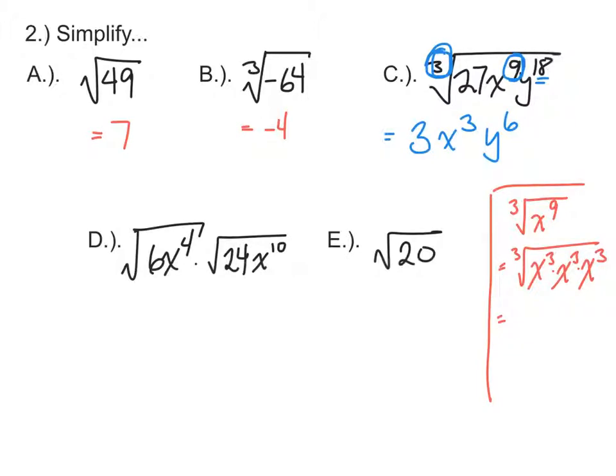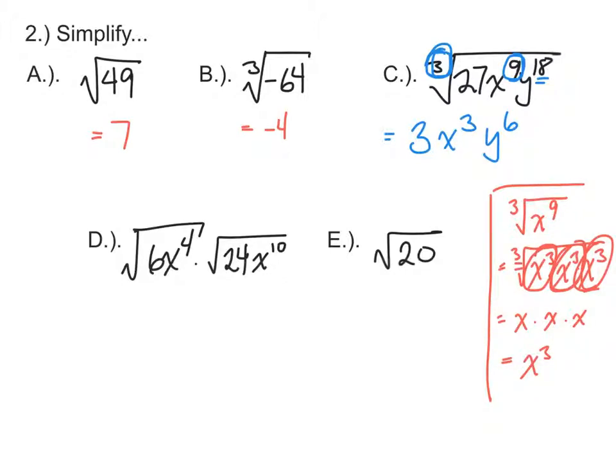And the cubed root of x cubed is just x, and the cubed root of this x cubed is just x, and the cubed root of this x cubed is just x. That will simplify to x to the 3rd. See, that's why we wanted all these groups of 3, so that they would cancel with the 3rd root.